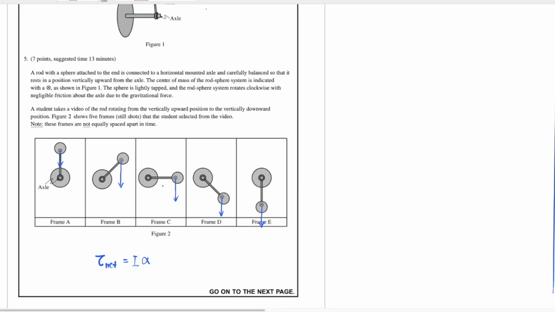So which frame has the longest lever arm? Obviously this one, right? This lever arm is just a little bit longer than the length of the rod, but the others are all smaller. So we're going to choose frame C.